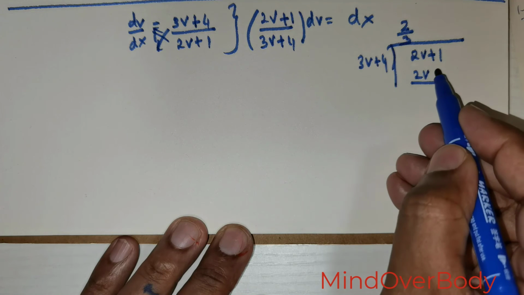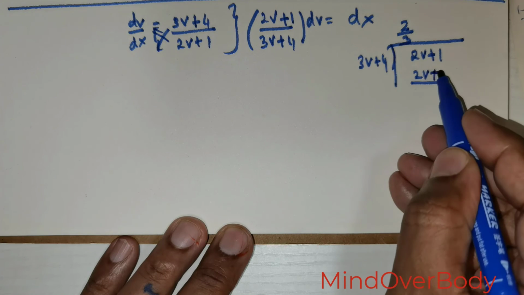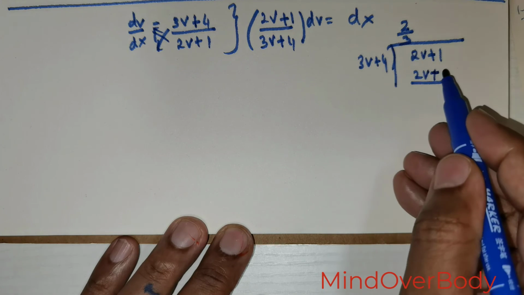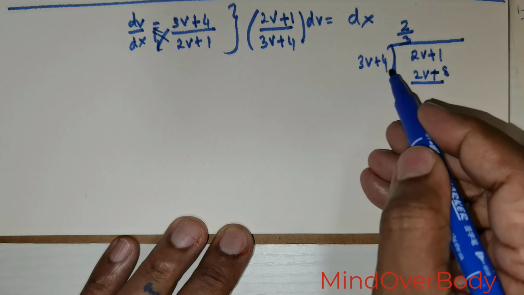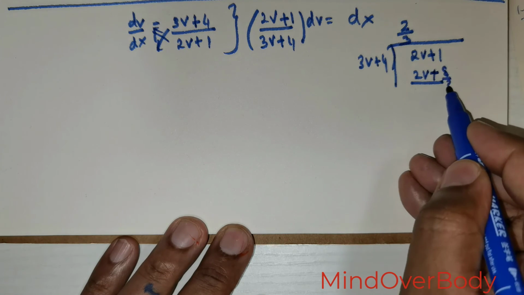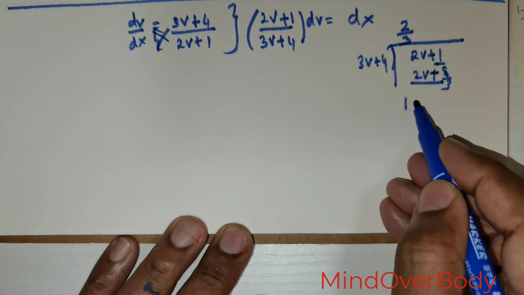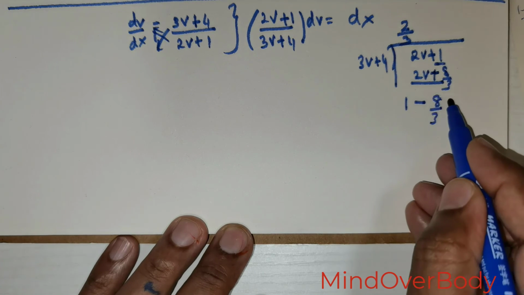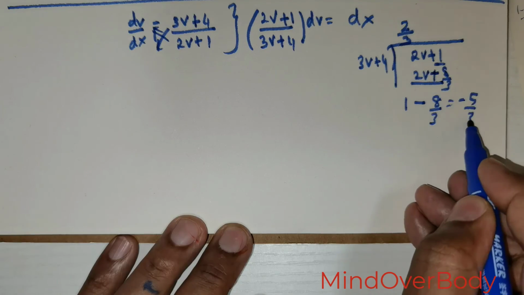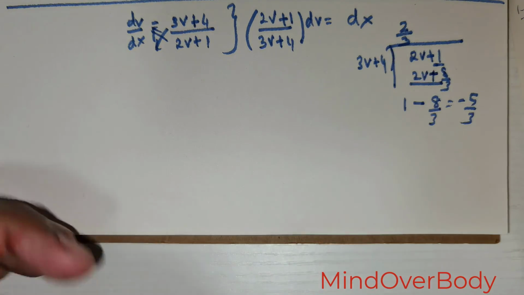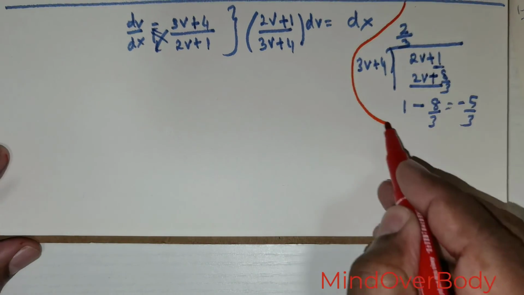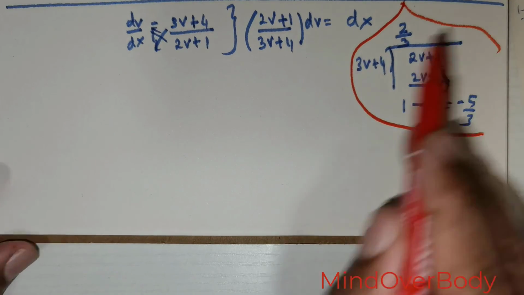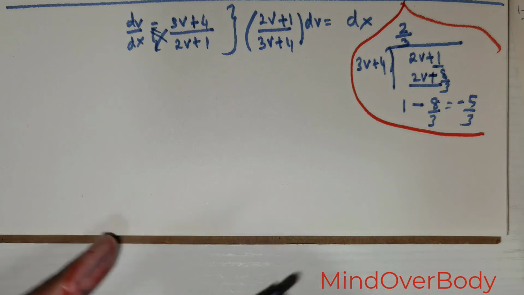So this would give me this, followed by a plus 8/3, because 2/3 multiplied with 4 will give me 8/3. So now I will have to subtract 1 minus 8/3. That's going to give me negative 5/3. All these things are working column for your understanding, so you don't have to do these things, but just for your understanding.